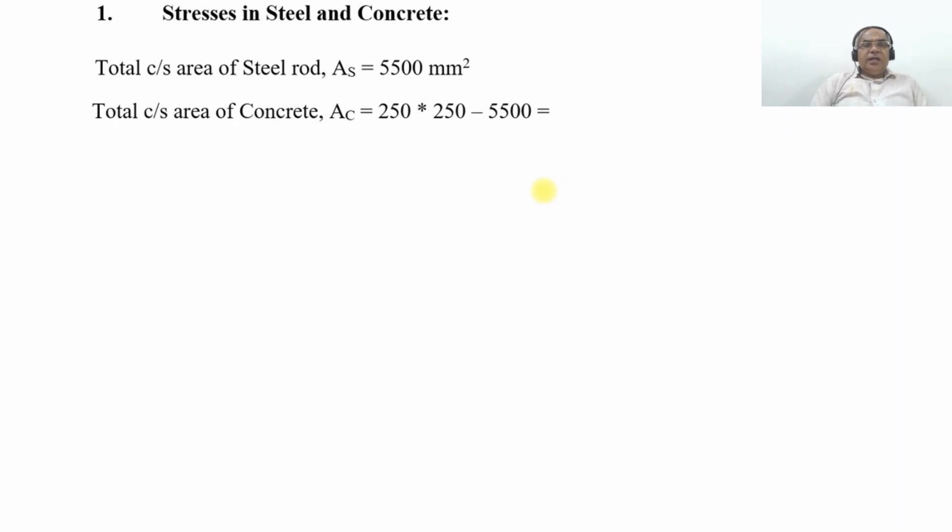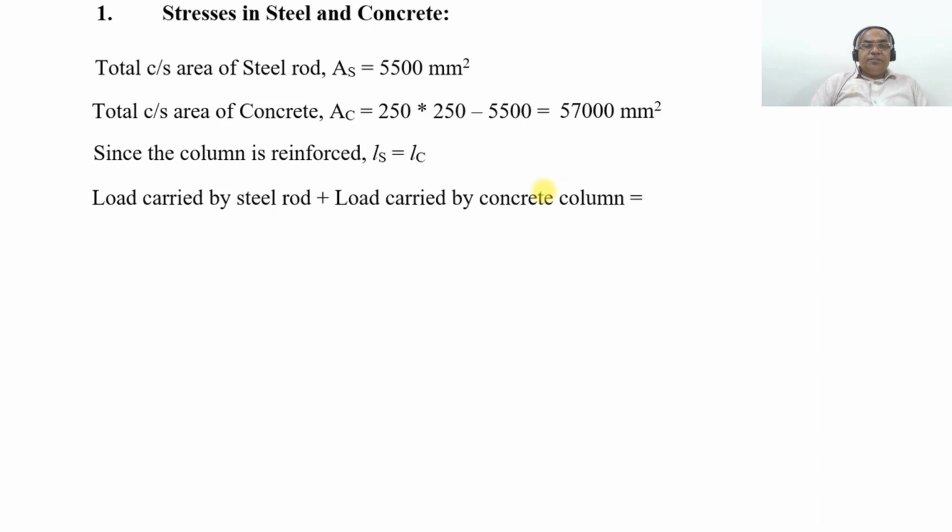Therefore, the total cross-sectional area of concrete, AC, is 250 into 250, because it is a square cross-section, minus the cross-sectional area of the steel rod, which is 5500, which will be equal to 57,000 mm square. Since the column is reinforced, naturally LS will be equal to LC. That means the length of the steel is equal to the length of the concrete.